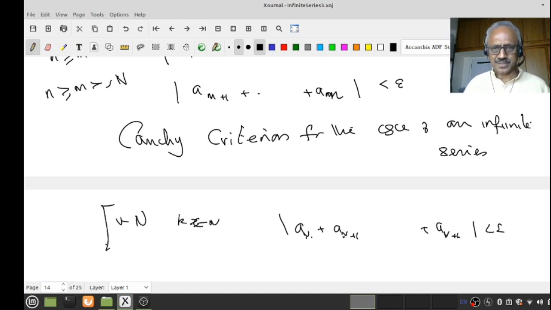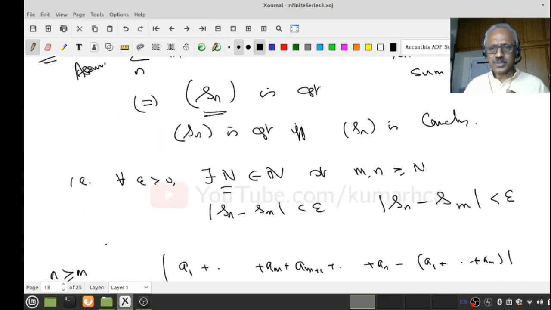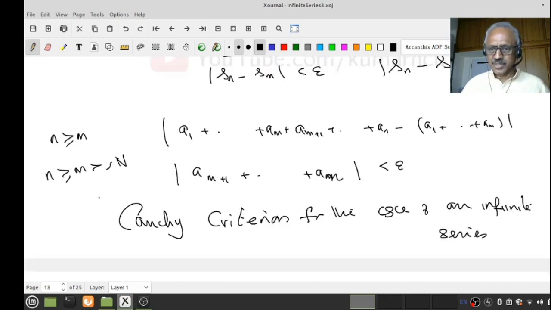But do not ever worry, this is very easy. What you should think of is, look at the partial sums Sn; that sequence is convergent if and only if it is Cauchy. And you know how to write down the Cauchy condition for a sequence of real numbers. You write it, and if you want, you use the definition of Sn and work it out. So you should have confidence. In fact, this formulation is very rarely used.